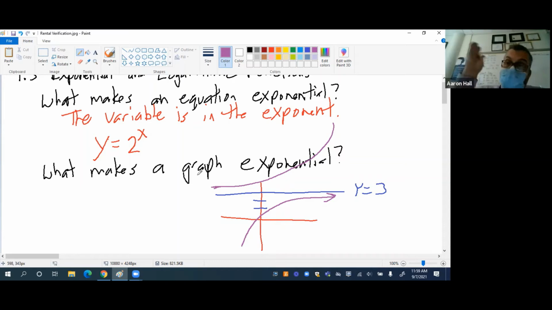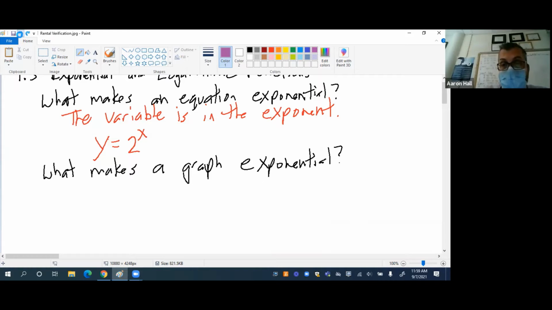Now, we also have that curve that sharply increases to infinity. That's an important characteristic of an exponential graph. So there's two important parts of an exponential graph.